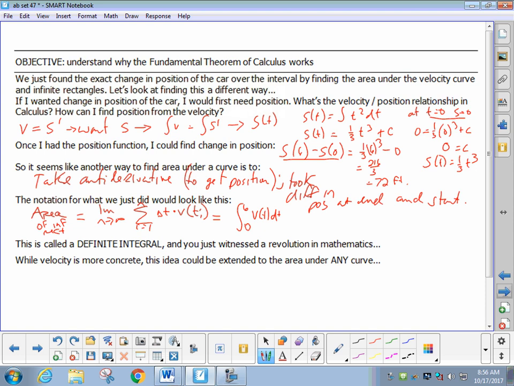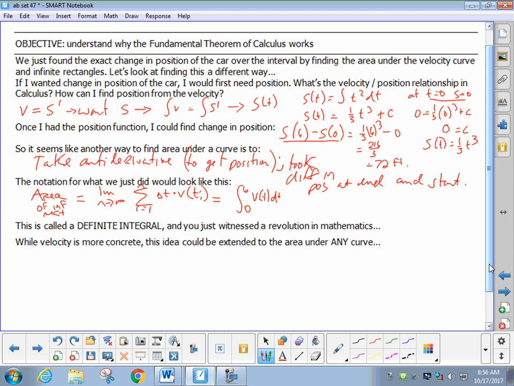When you have an antiderivative with limits, say over this time interval, it's a definite integral. That just blew the world away about 400 years ago, and it changed all of science, engineering, and mathematics. We're not even there yet, oh my goodness, okay?